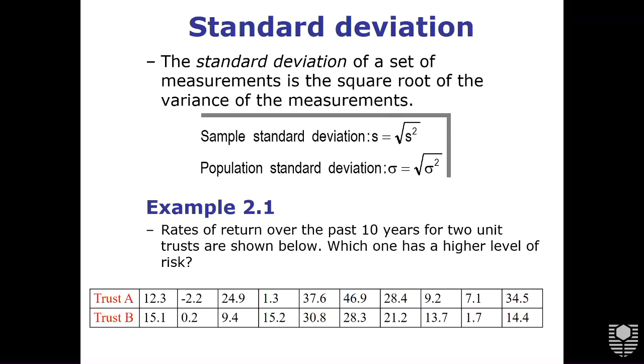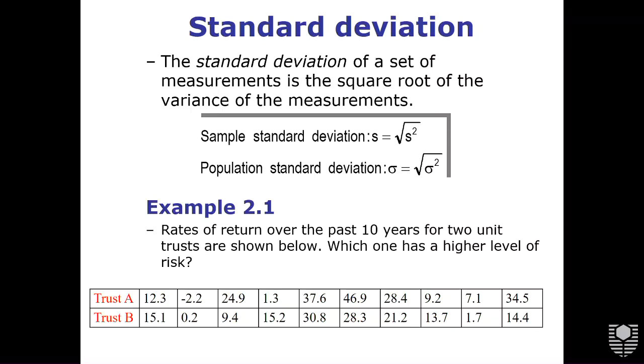So an example here: you are an investor and you have some amount of money you want to invest, and you have some data. That's why it's very important to report the data.